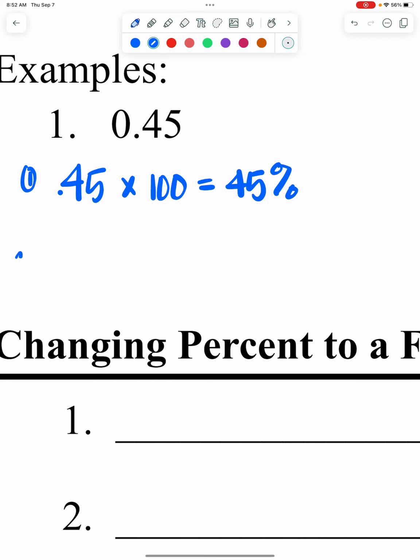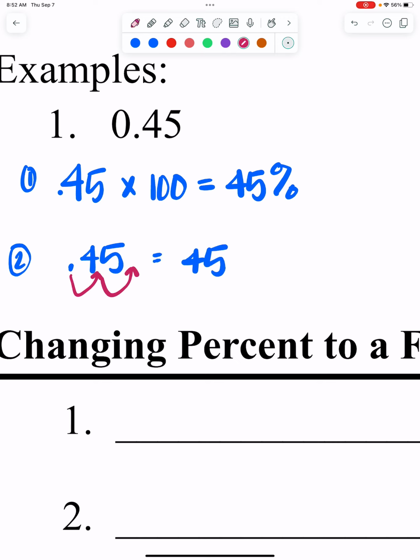The other option was simply to move the decimal 2 places to the right. So if I'm starting with 0.45 and I want to move the decimal 2 places to the right, there's 1 place and there's 2 places. So I end up with 45.